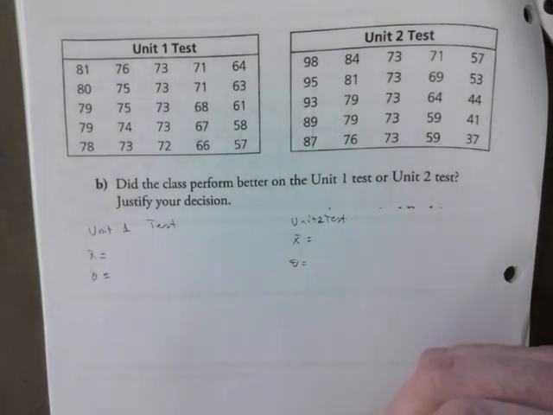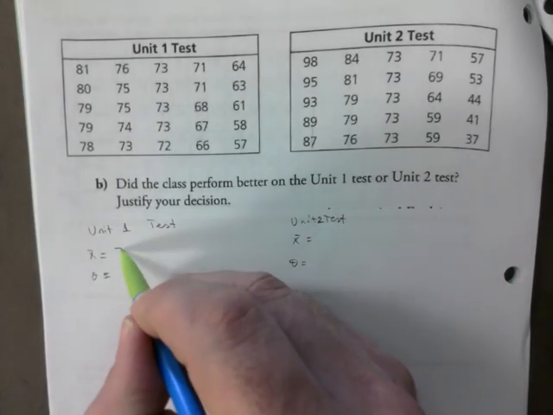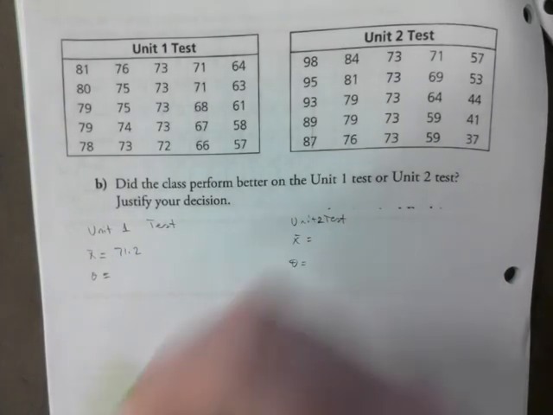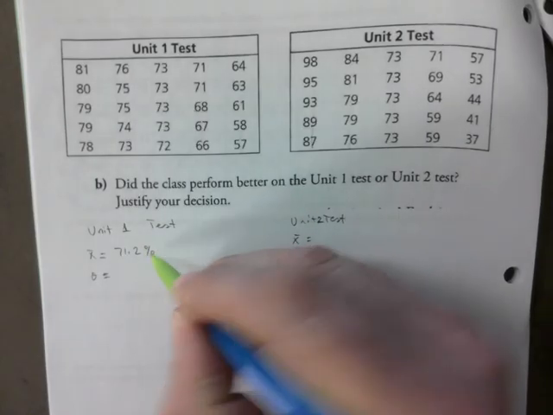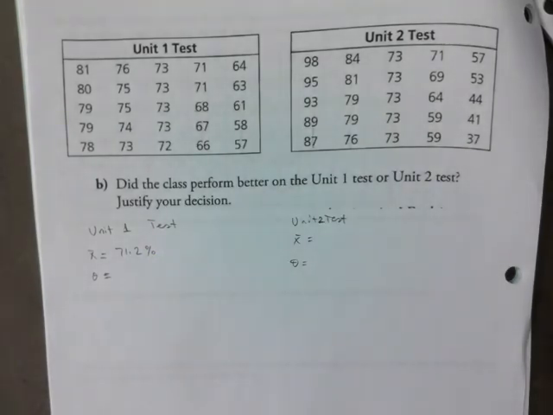Unit 1 test, so what did we get for mean and standard deviation? 71.2. Okay. And in this case, we don't know what the units are, but we can just guess that it's going to be percentage. I should have given you that. And standard deviation, 6.55.